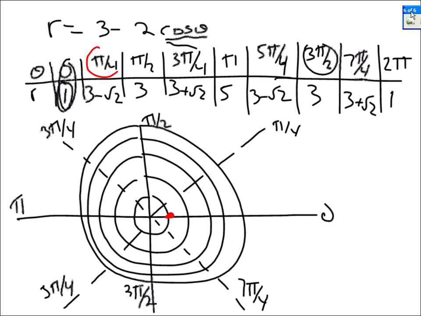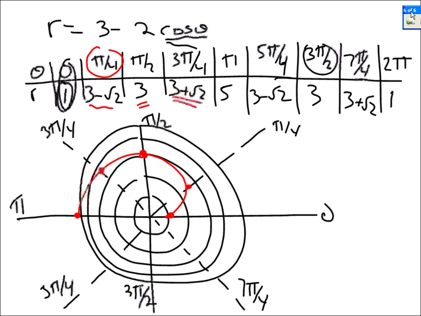When the angle is pi over 4, I go just before 3: 1, 2, 3, so right before 3, between 2 and 3. At pi over 2, I'm at 3. At 3 pi over 4, I'm a little bit more than 3. At pi, I'm way out at 5. The graph went like that.